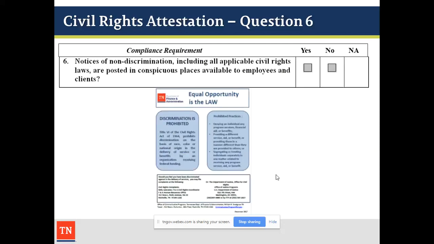The sixth question is asking, have you posted non-discrimination notices in conspicuous places for all clients and employees to see? And so what we see here is the OCJP non-discrimination notice, and that is available in the appendices of the grants manual, and you can post that.